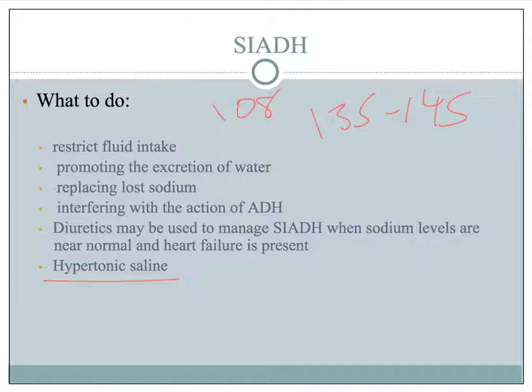So if they have syndrome of inappropriate antidiuretic hormone, we may use diuretics if the sodium levels are near normal and the patient looks like they're showing signs and symptoms of heart failure due to the syndrome of inappropriate antidiuretic hormone. But we can't give it if they have really, really low sodium levels. We can only give it if their sodium levels are not too bad.